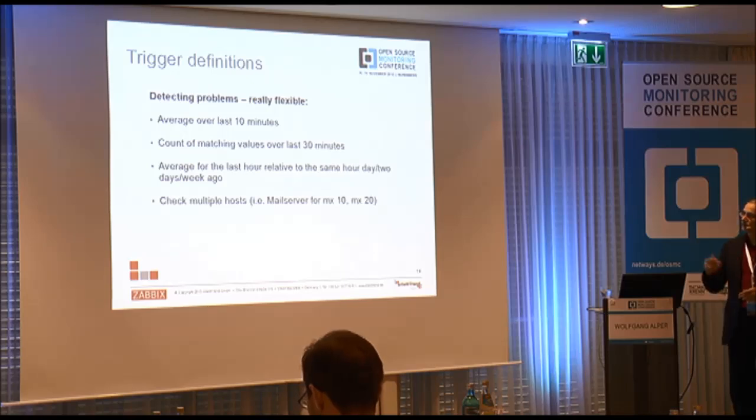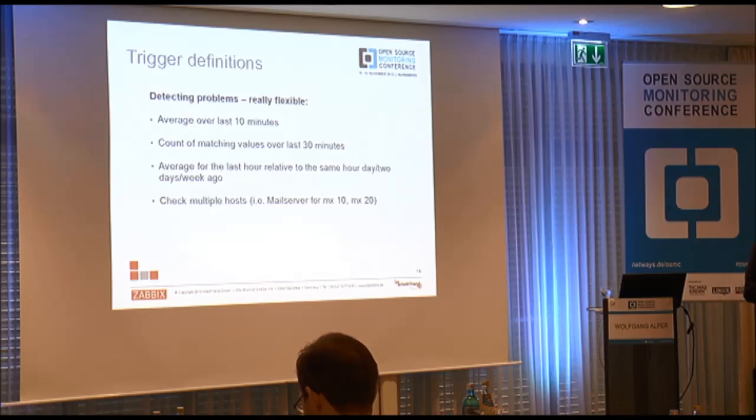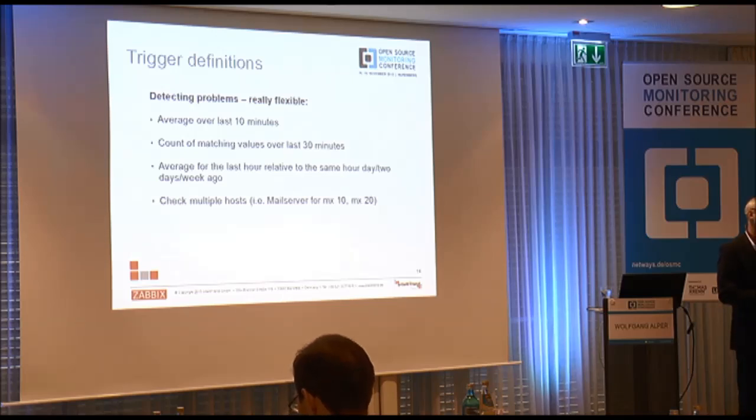Yeah? And we can do it over multiple hosts. And a nice example for this one is, let's say you're running 2 email servers, which most of the companies do. So you have 2 email servers, one uses Mail Exchange 10 and the other one Mail Exchange 20. So if 10 goes down, then you would say that's not so bad because MX 20 is still running. So my second mail server will take over and I get delivered mail, so that's fine.